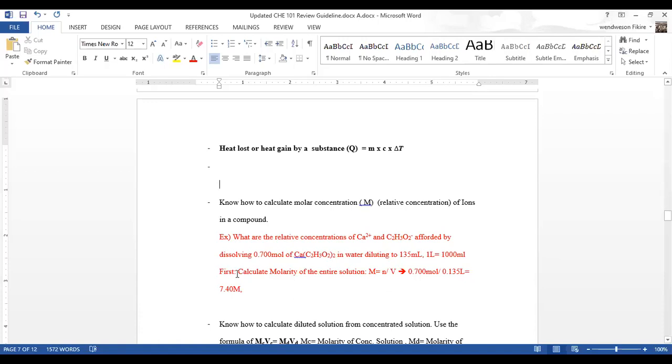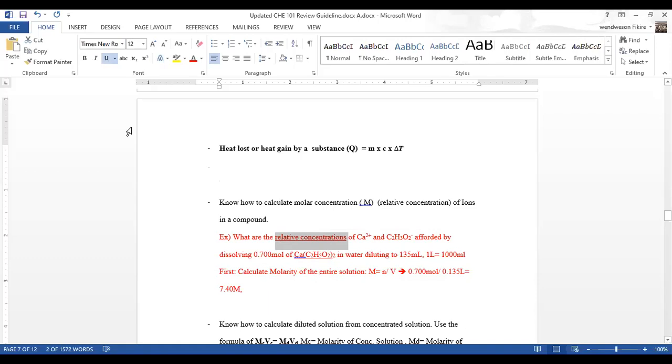In a situation like that, first calculate the molarity of the entire solution. When they say the entire solution, they are talking about the molarity of calcium acetate in water. Relative concentration indicates the concentration of individual ions.